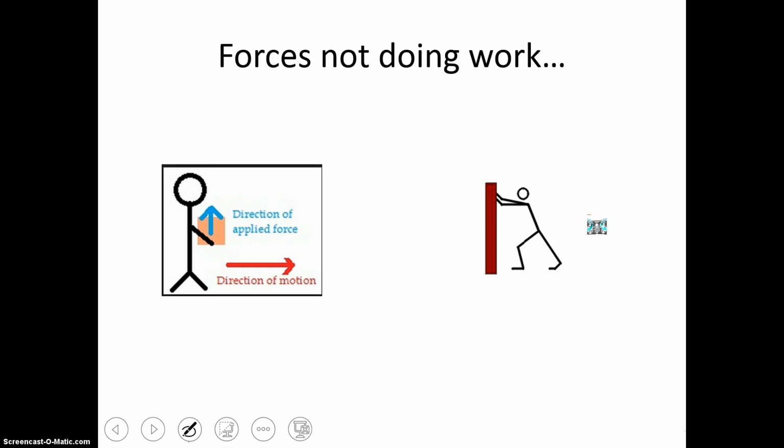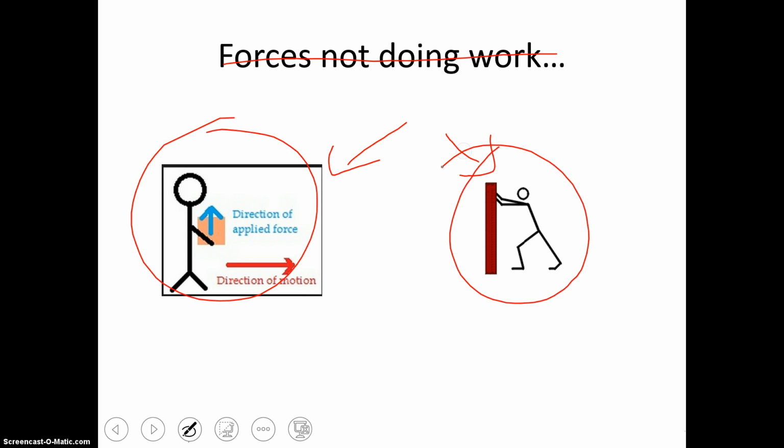Alright, so just some more visual examples using stick figures. These forces shown are not doing work, so no work is being done here, no work is being done here. And what I would like to happen right now is to just pause this video and discuss why these 2 pictures are examples of forces that are not doing work. Go. Discuss. So, these are not doing work because the force applied on this box is up and it's moving to the right.